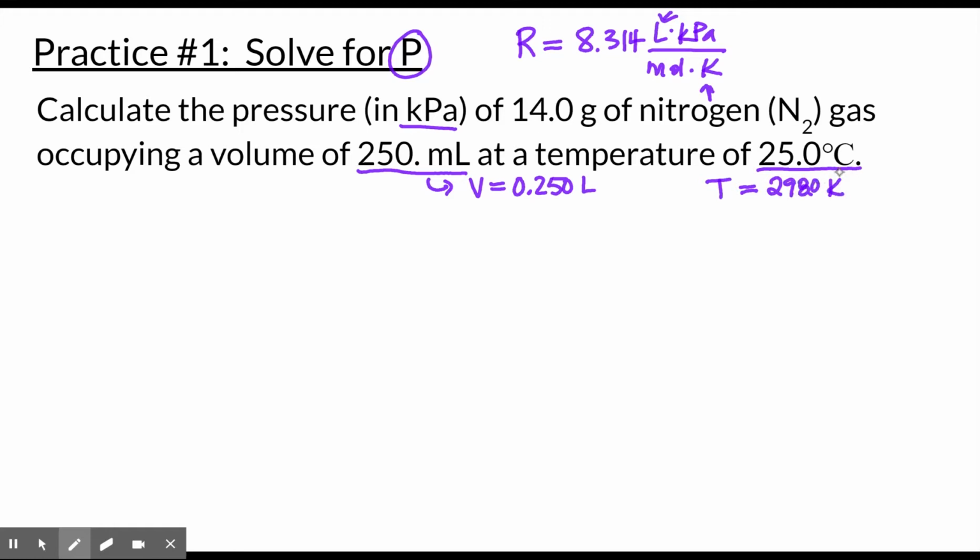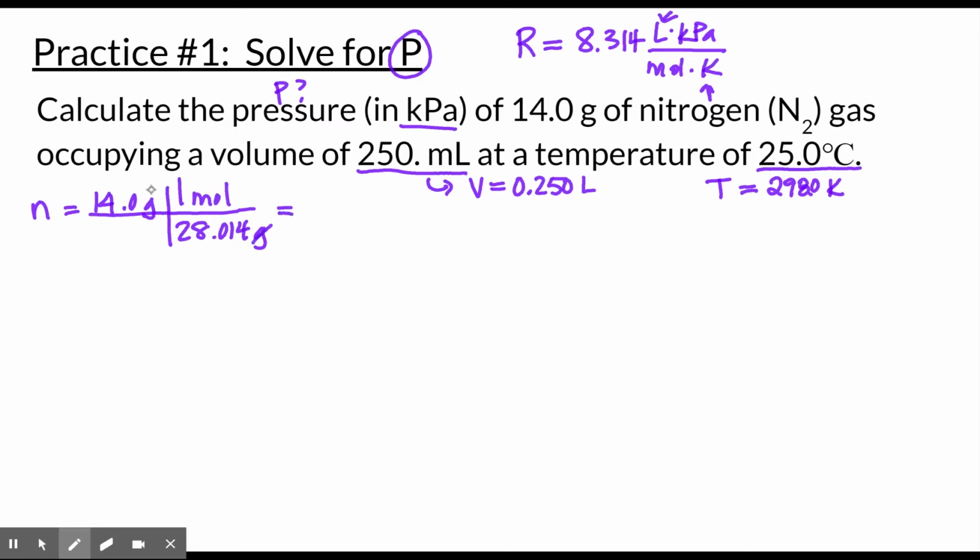So we have our volume, we have our temperature, we have our R value. We are solving for P. So we need to figure out our N, which is moles, not mass. So 14.0 grams has to be converted. This is going to be 14.0 grams divided by 28.014 grams.